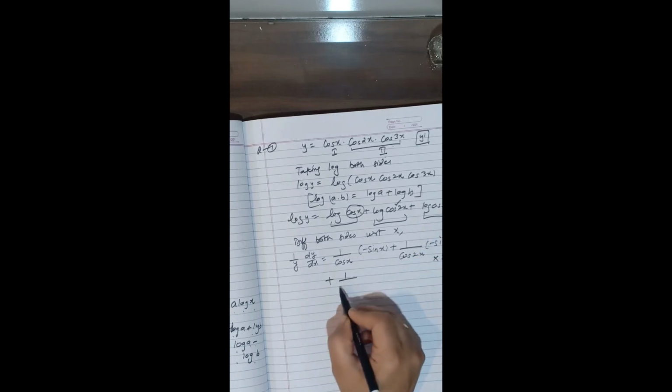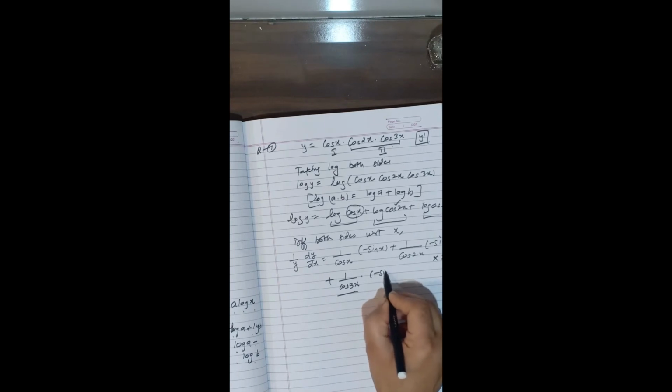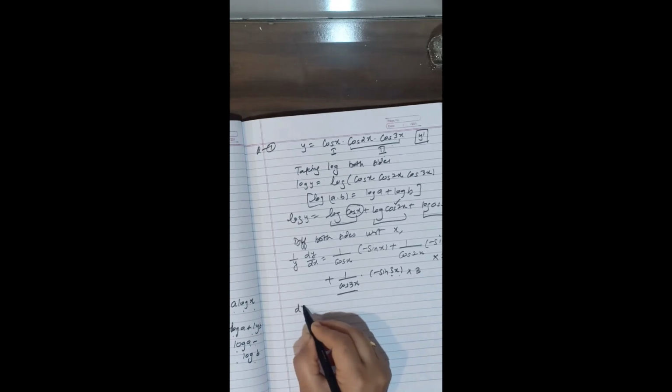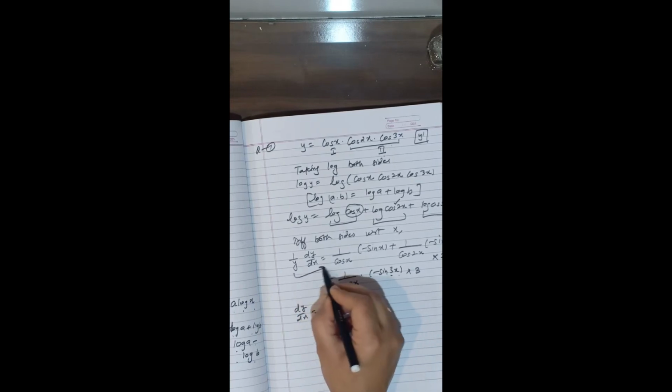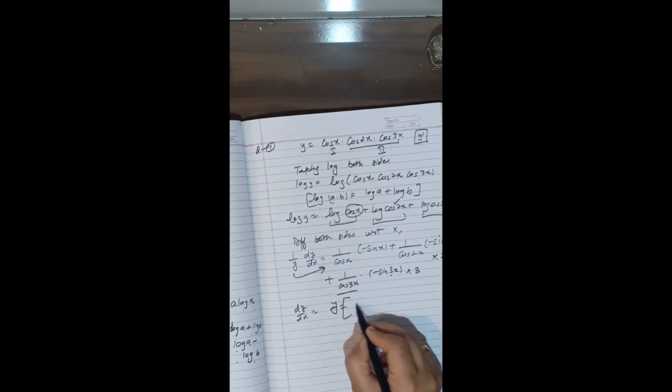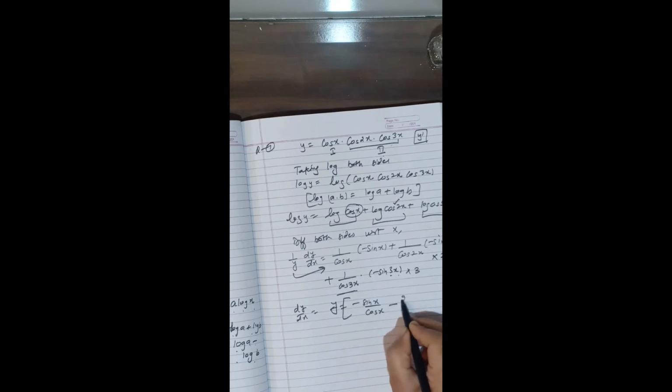Third one, 1 upon cos of 3x, derivative of cos of 3x is minus sin 3x, and further derivative of 3x is into 3. Hence you will say dy upon dx, this y will be shifted there, it will become y into minus sin x upon cos x minus 2 sin 2x upon cos 2x minus 3 sin 3x upon cos 3x.